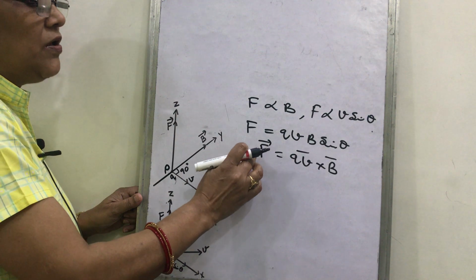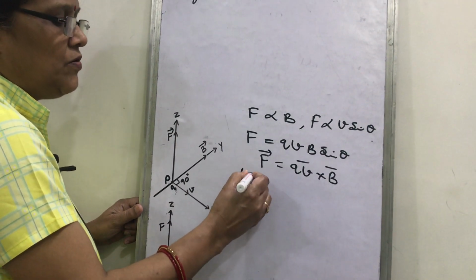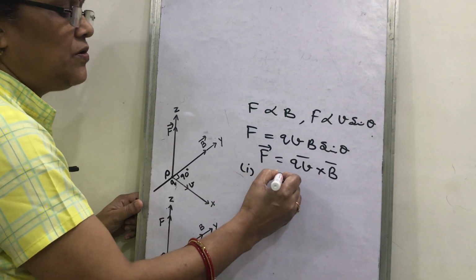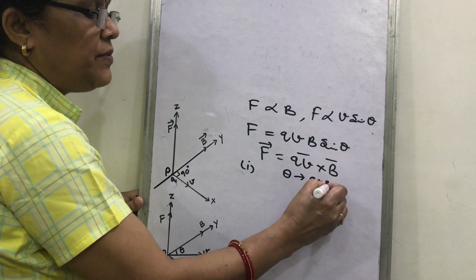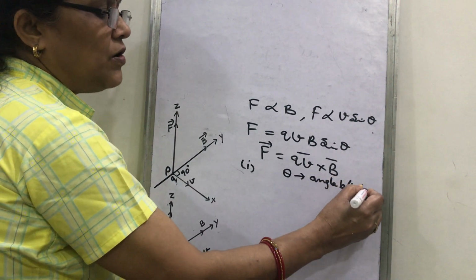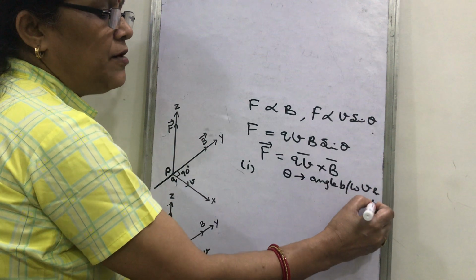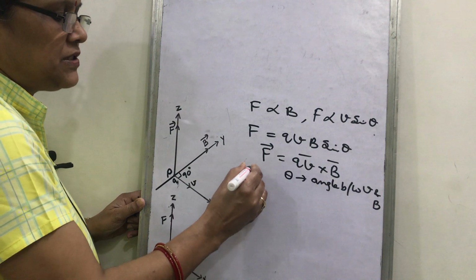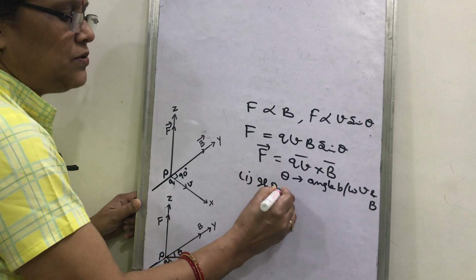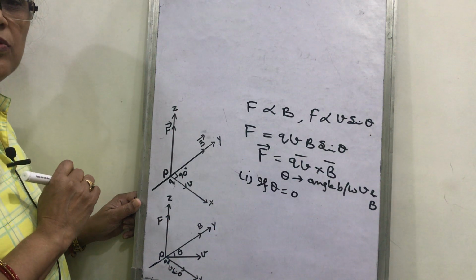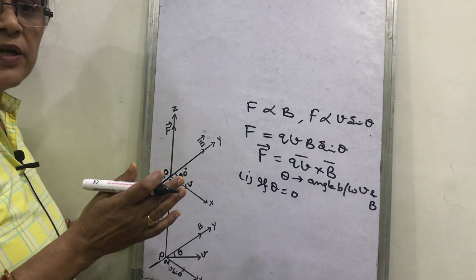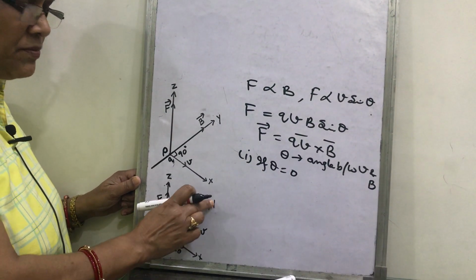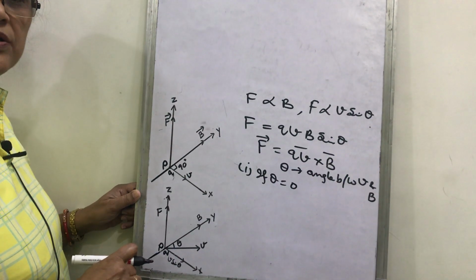How will you find when the force will be maximum, zero, or minimum? Theta is the angle between the velocity of the charged particle and the magnetic field. In the first case, suppose theta is 0. Theta 0 means the charged particle is moving in the direction of the magnetic field.